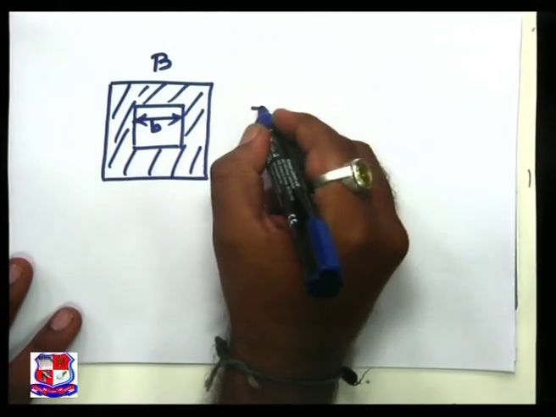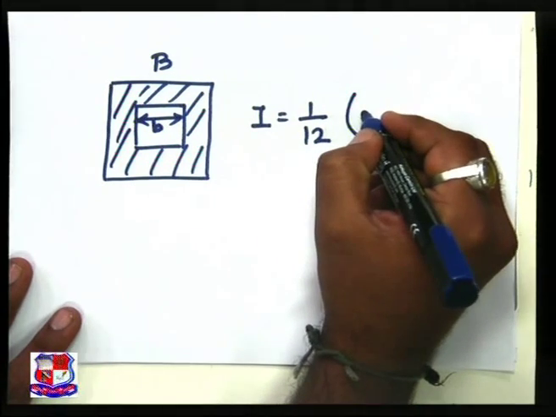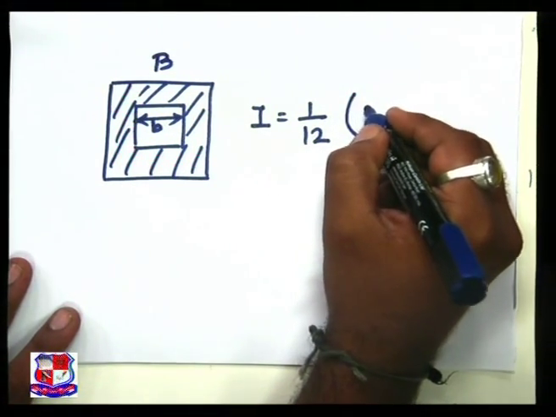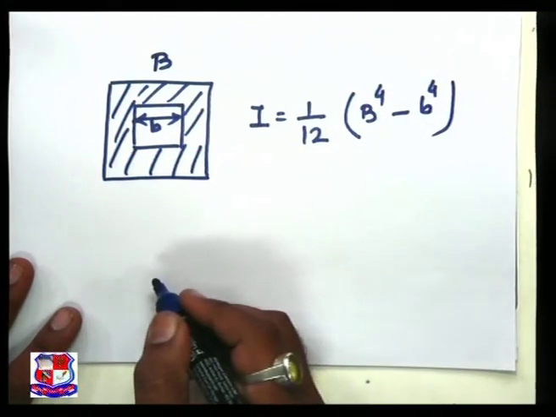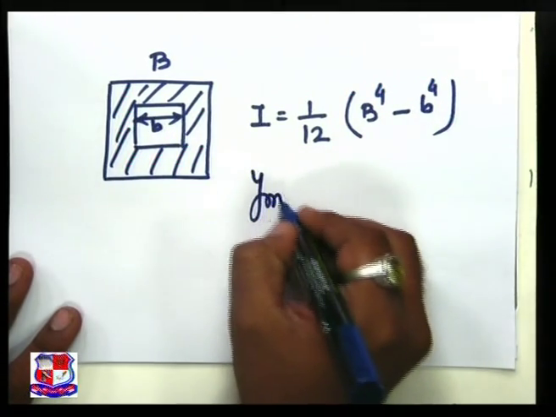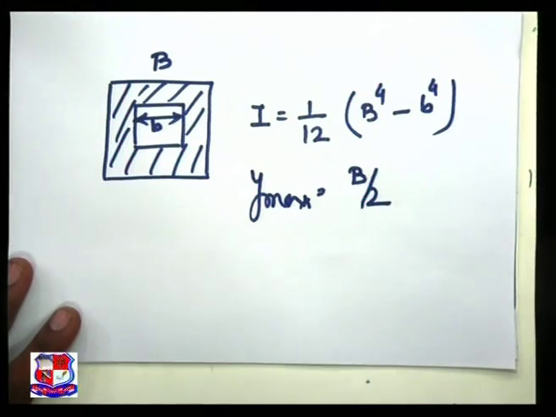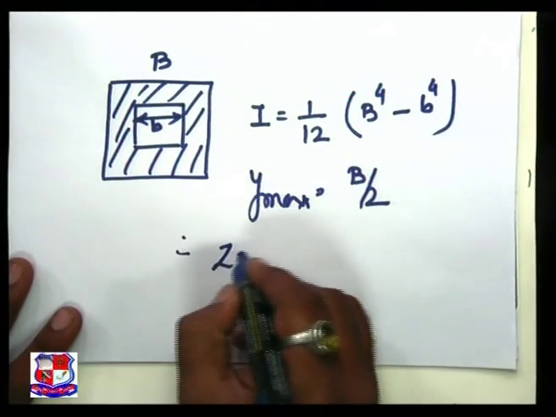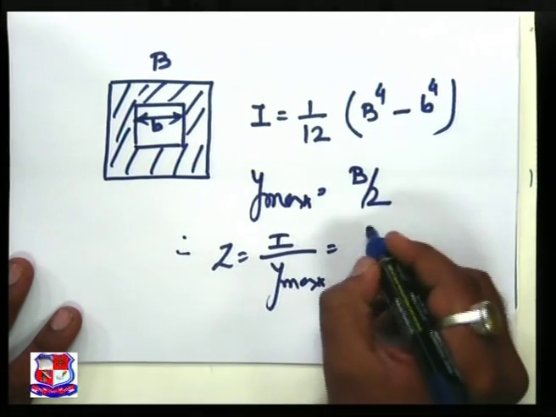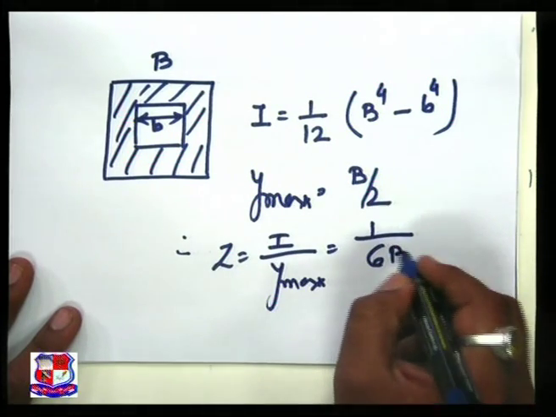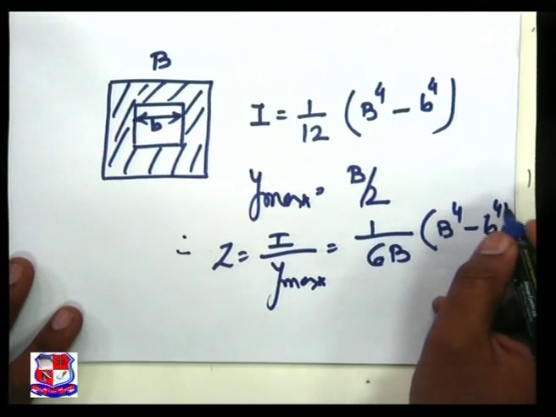Then I is equal to 1 by 12 times (B to the power 4 minus b to the power 4). What is Ymax? It is B by 2. Therefore, Z is equal to I by Ymax, which is 1 by 6B times (B to the power 4 minus b to the power 4).